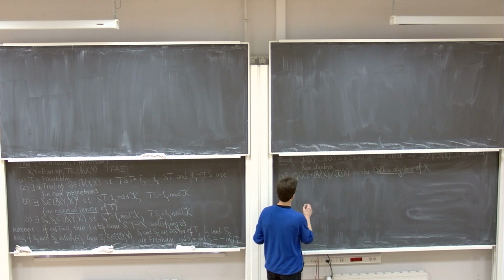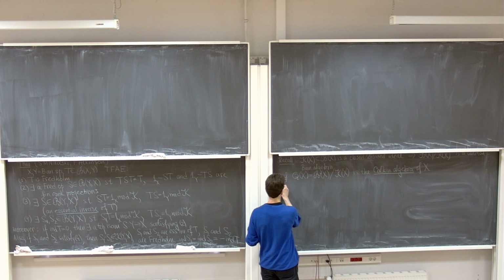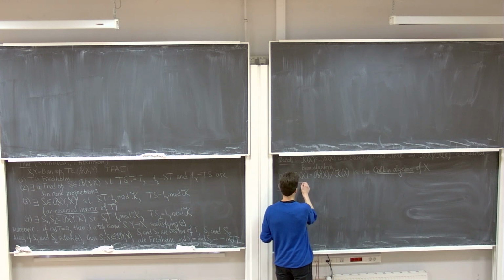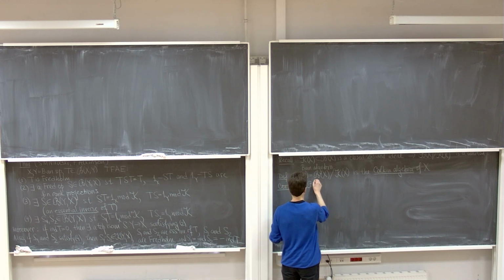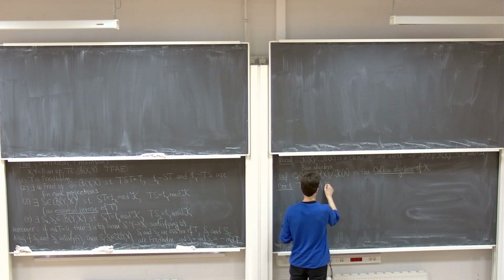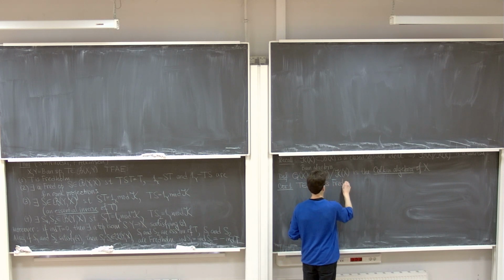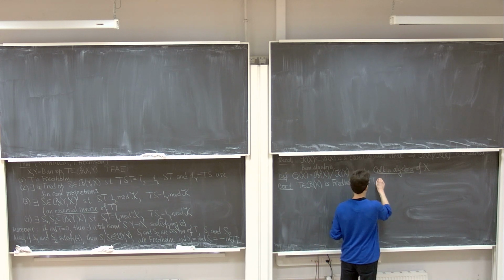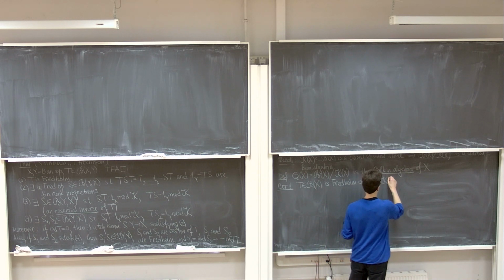So first of all, we have the following corollary. Corollary 1. If I have a bounded operator T on the Banach space X, then T is Fredholm if and only if the respective element of the Calkin algebra is invertible.